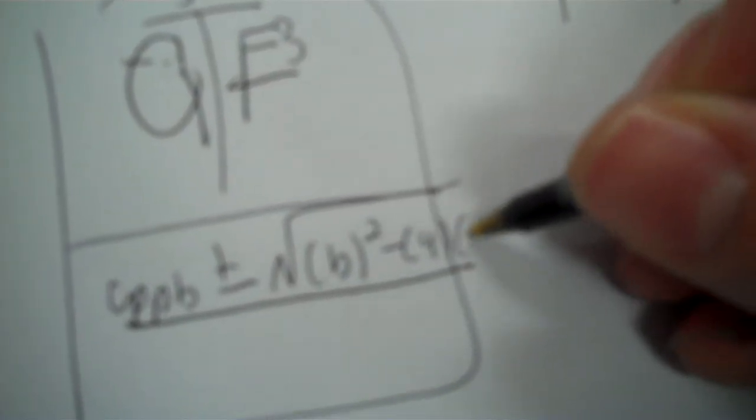So QF: opposite of B, plus or minus the square root of B squared minus 4AC, all over 2A. So the opposite of negative 5 is 5. And then B is negative 5, 4, and then A is 1, and C is 3.